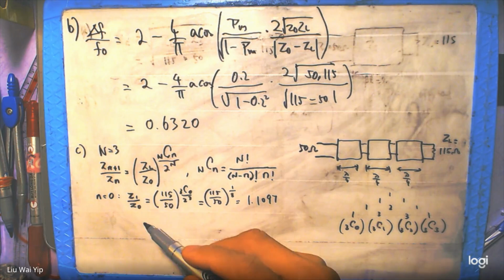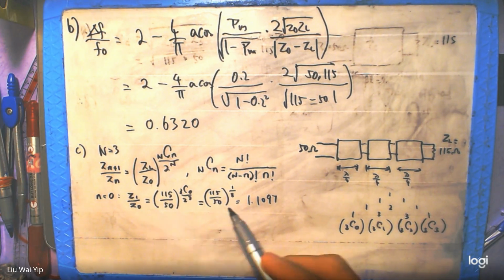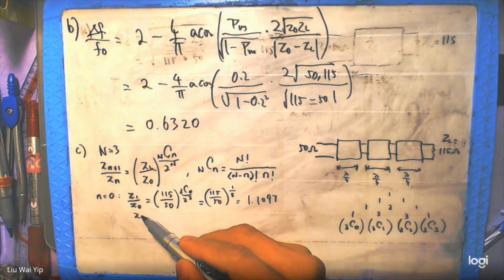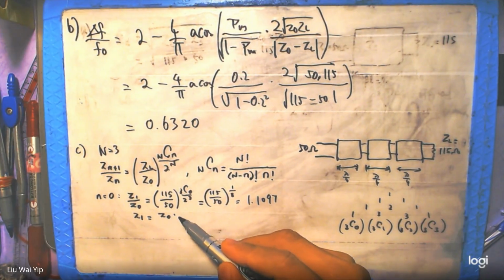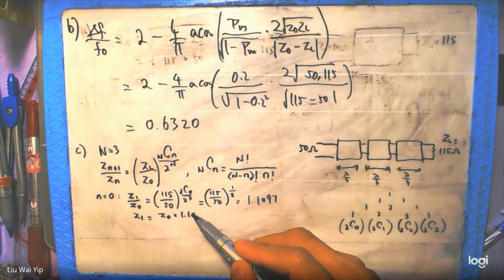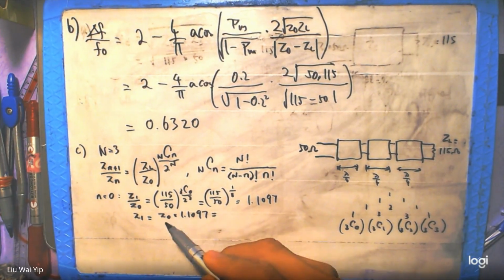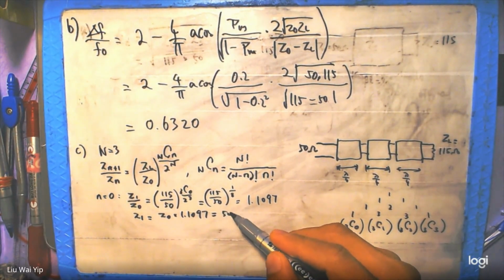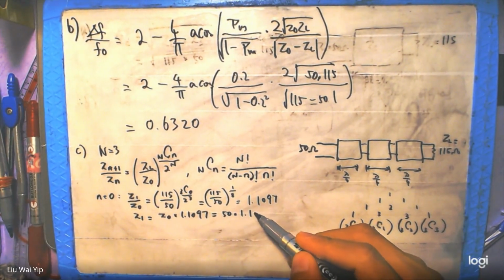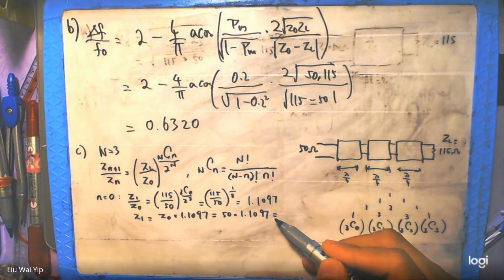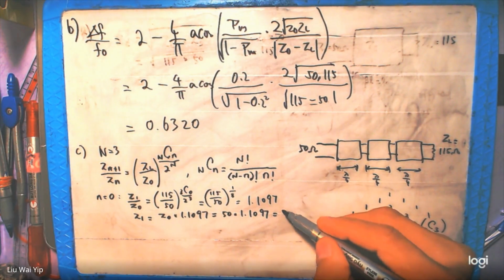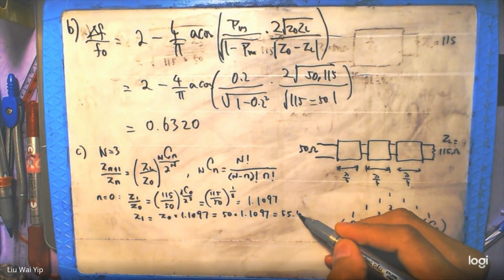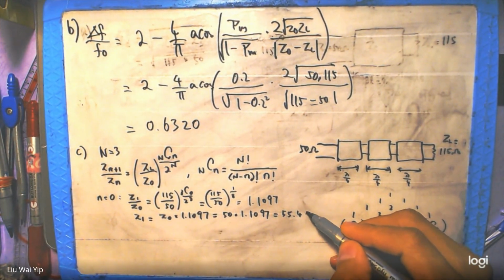So in this case, if you rearrange the equation, and Z naught is 50, from here you will get 55.486 ohm.